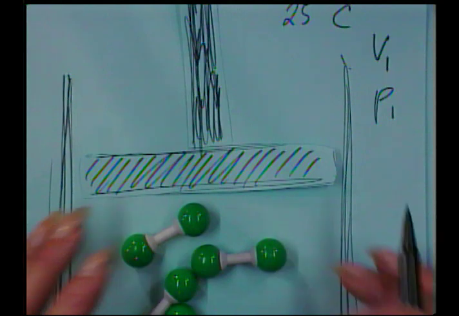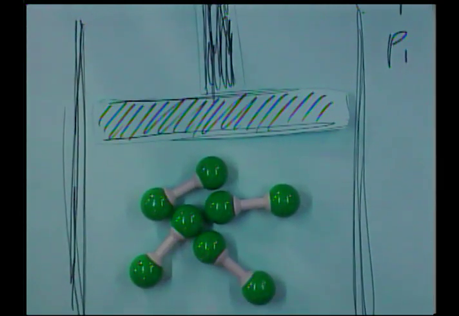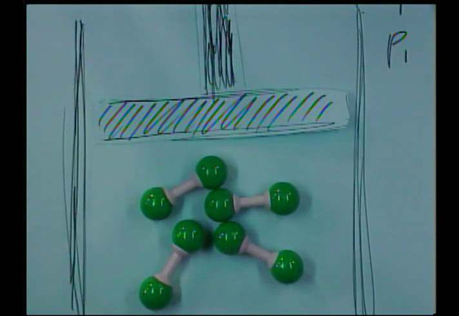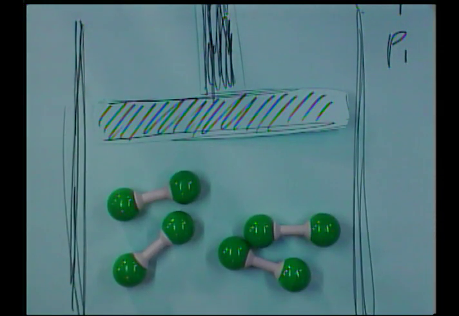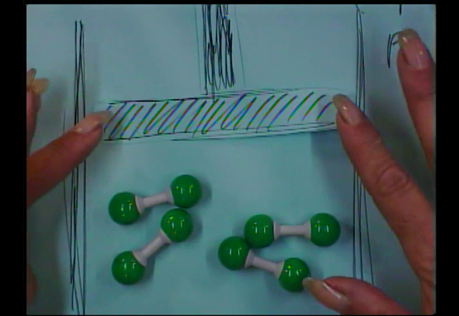Now, if I push this piston down, I squeeze or confine the gas molecules into a smaller space. That means they still, remember, move about with the same energy, which is determined by the outside temperature. So they still have the same intensity of collisions, but remember, they have less space to move about in, so we have more collisions per area, meaning the pressure increases.